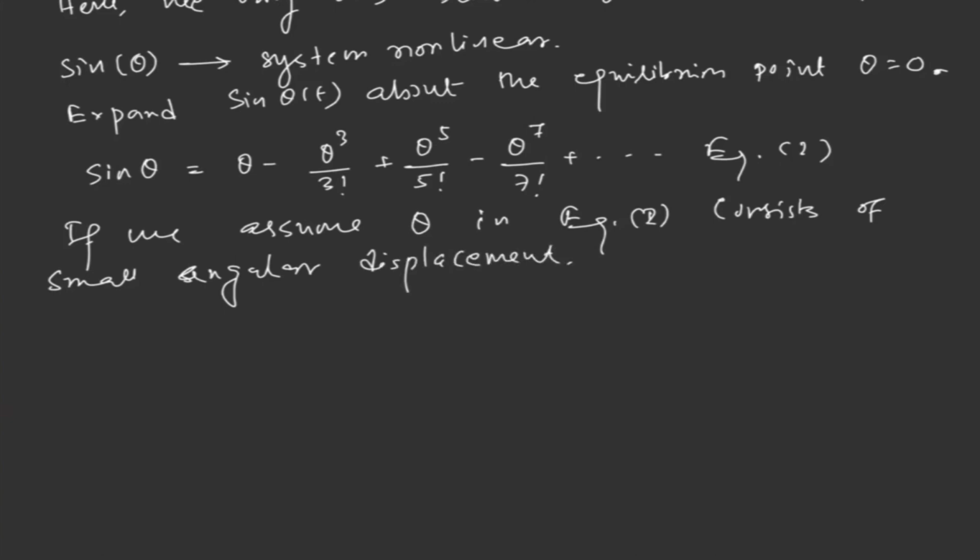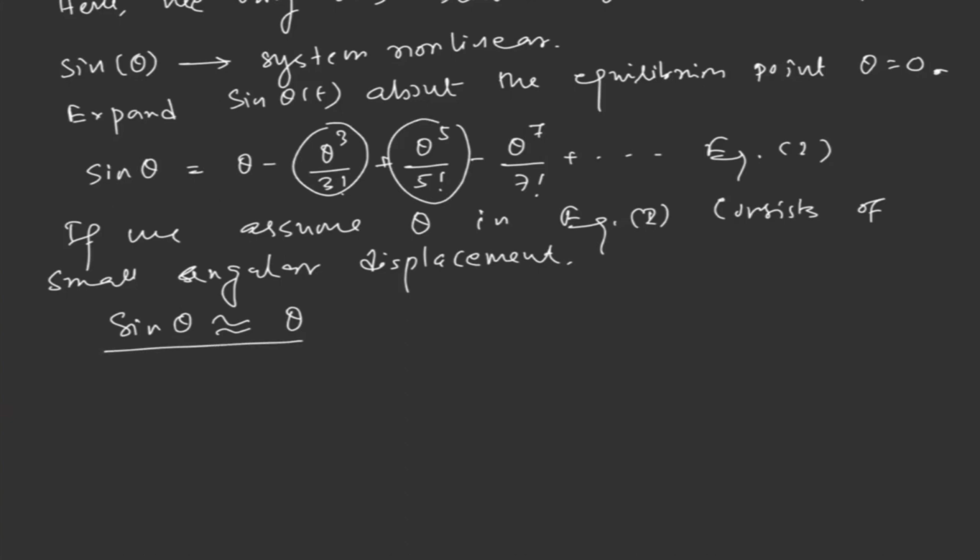We can write sine of theta as equivalent to theta, because for small angular displacement these higher-order values are very small in magnitude, so we can write sine theta equivalent to theta.